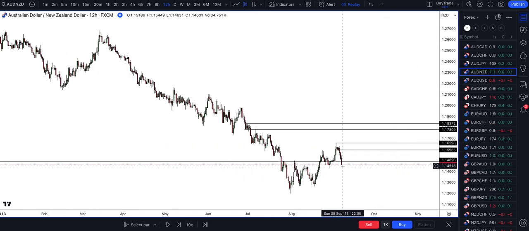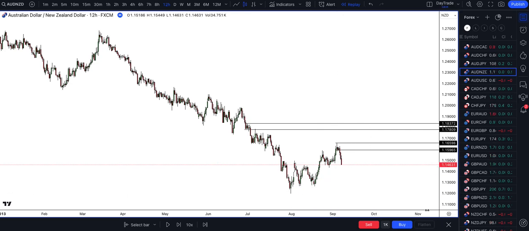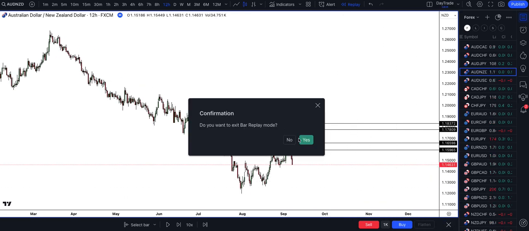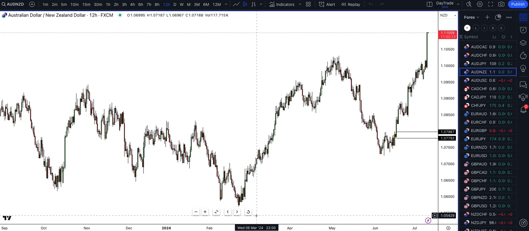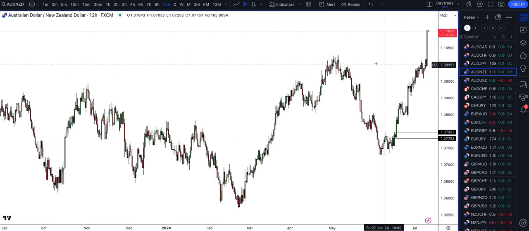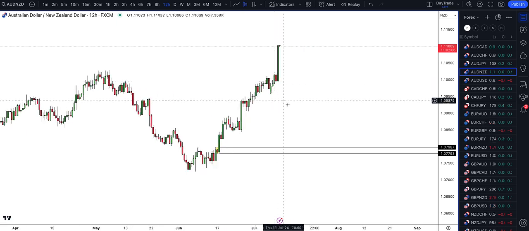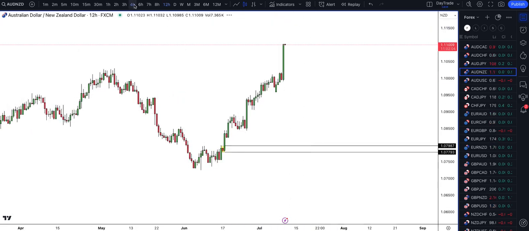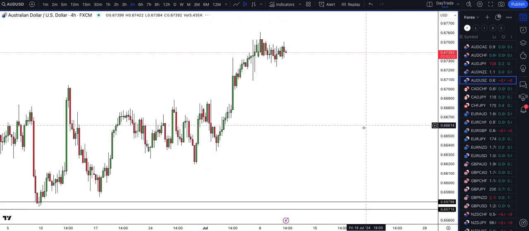But again, it hasn't been tested. So price is miles away from where there could be a potential turning point, in my opinion. So we'll just move on to the next Aussie pair.